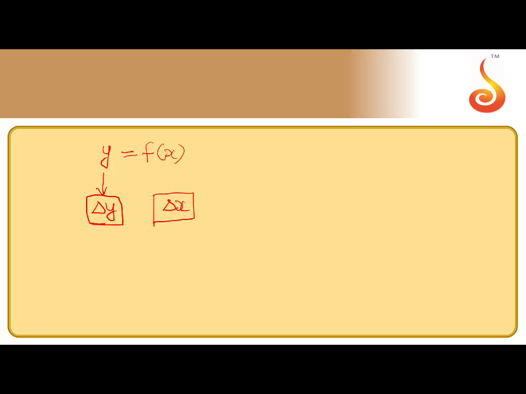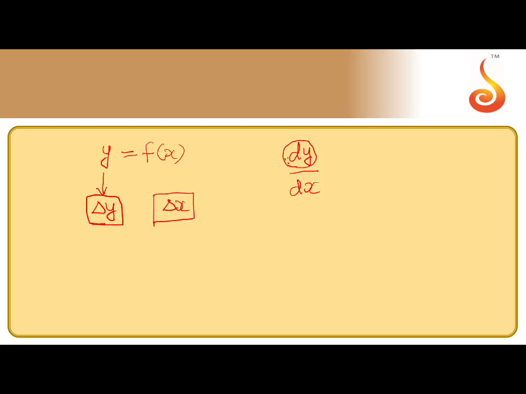If y is equal to f of x, we define something called dy by dx. dy represents the change. Instead of delta y, I am writing it as dy. Why I am writing like that, in depth we will study in PU.